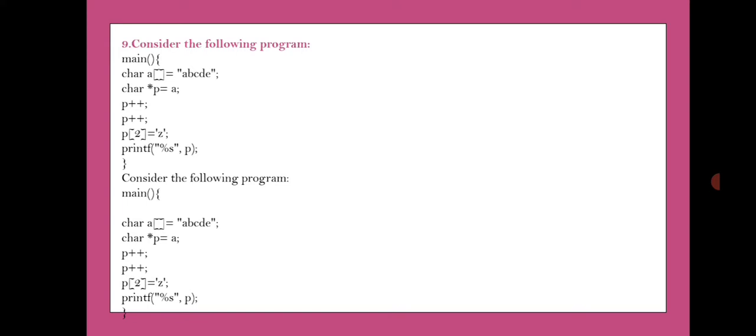Let's consider the next program. Here char a is given as the string ABCDE, and char pointer p equals a, and p plus plus, p plus plus twice, and p of 2 equals char Z. Printf %c, %c, p.